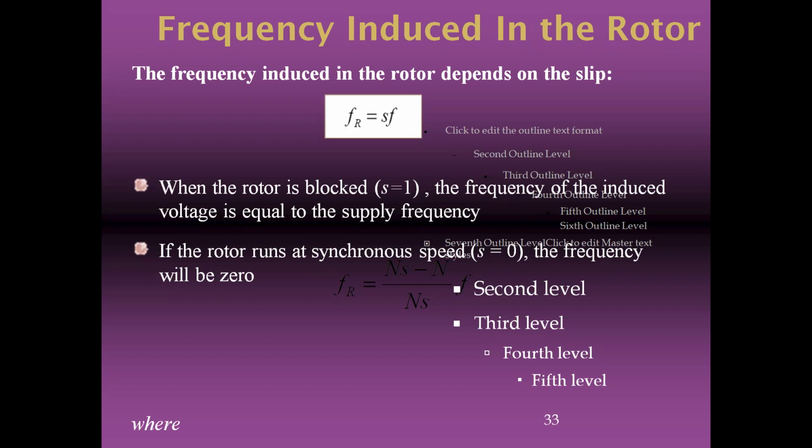We can say your three-phase induction motor is like a three-phase transformer with a short circuit secondary, because your rotor is like a short circuit secondary, okay? But your transformer secondary does not rotate.